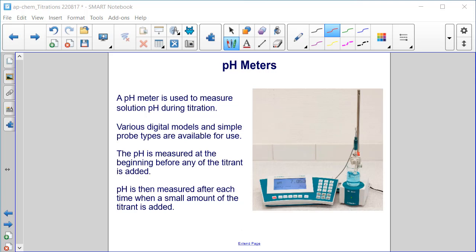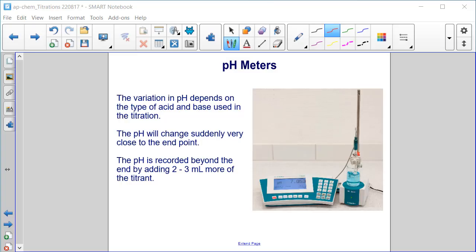A pH meter is used to measure solution pH during titration. Various digital models and simple probe types are available for use. The pH is measured at the beginning before any of the titrant is added. pH is then measured each time a small amount of the titrant is added.